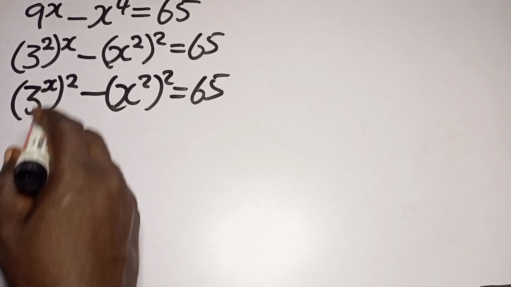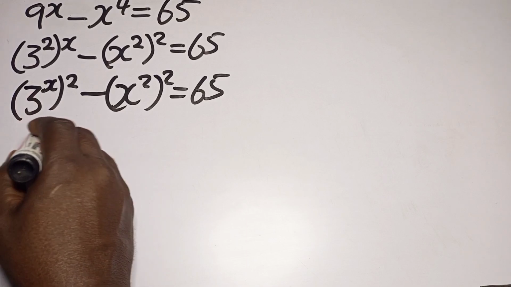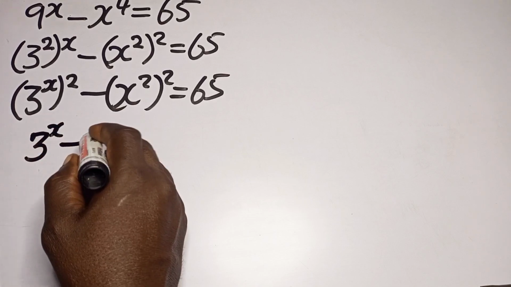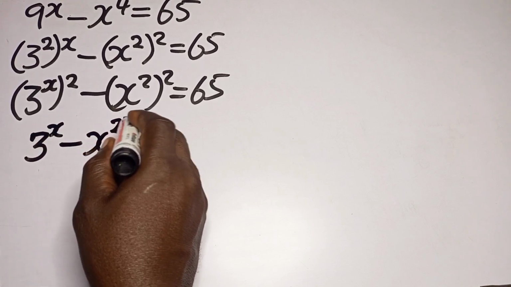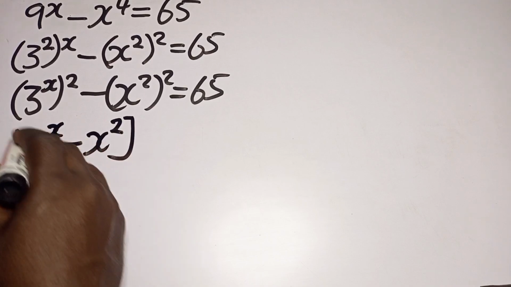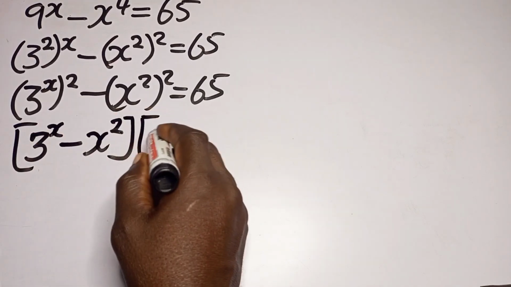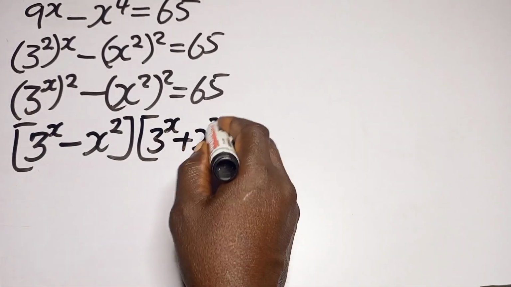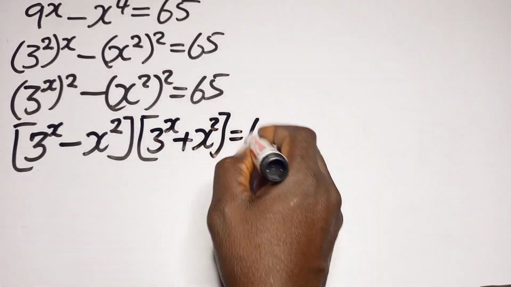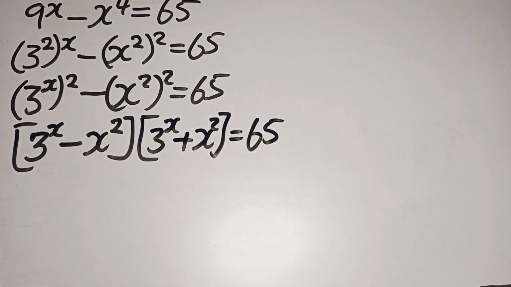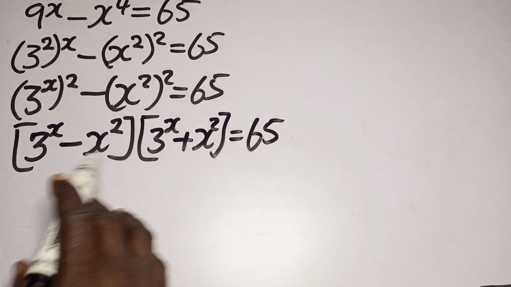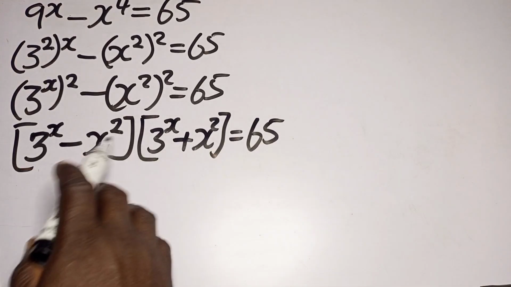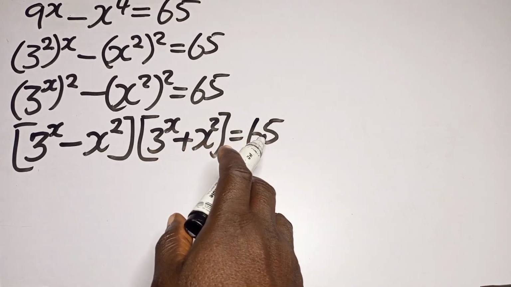Applying it, we obtain 3 to the x minus x squared into 3 to the x plus x squared. That should give us 65. Now, we have the product of two expressions giving us 65.